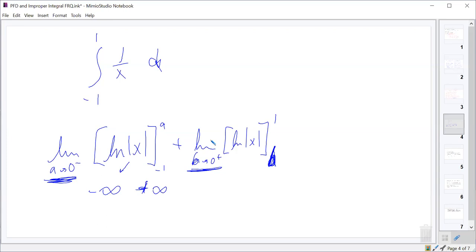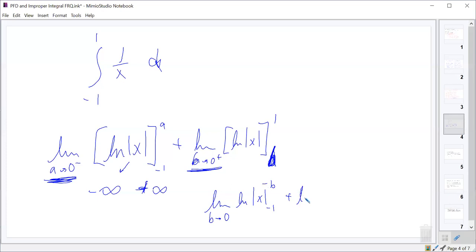So like maybe the limit as b approaches 0 of the natural log of the absolute value of x from -1 to negative b, plus the natural log of x from b to 1.